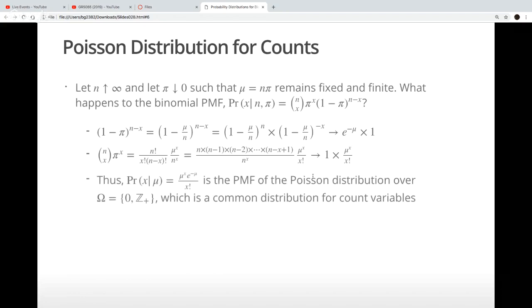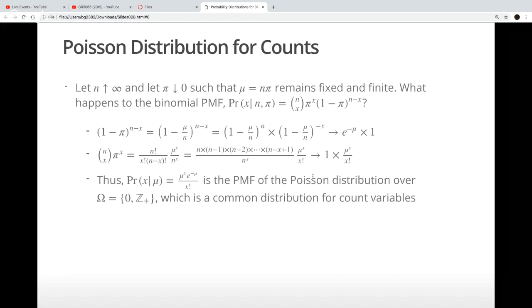And if we combine those, we get the probability mass function for the so-called Poisson distribution: mu raised to the power x times e raised to the power negative mu, divided by x factorial. That is the probability mass function for the Poisson distribution. The Poisson distribution is defined for a sample space consisting of the non-negative integers, and consequently it's one of the core distributions used for modeling a variable that is a count.